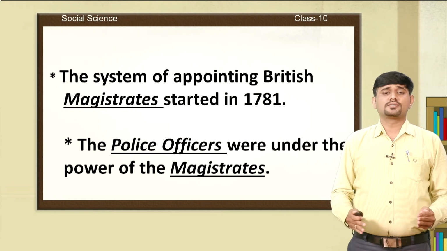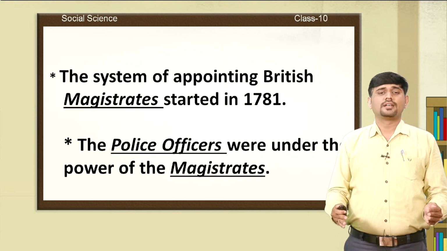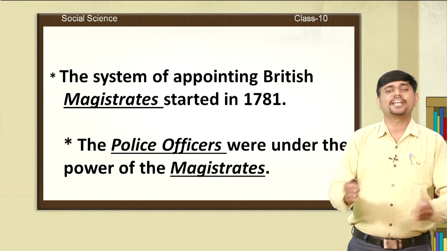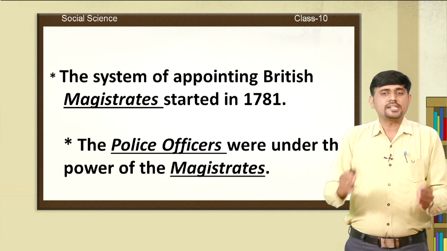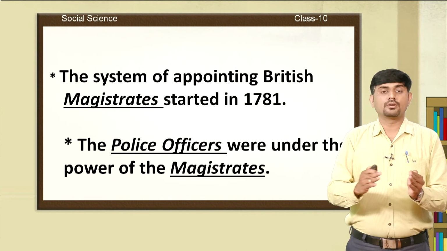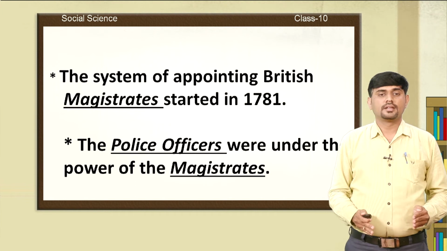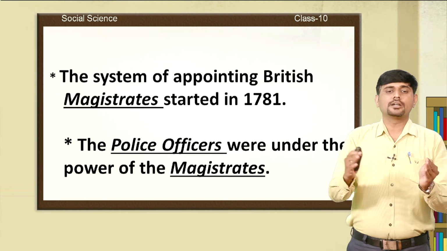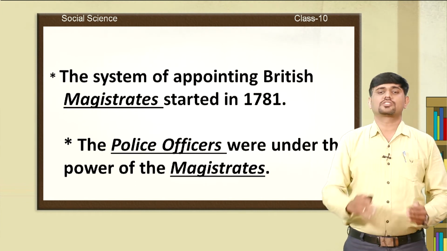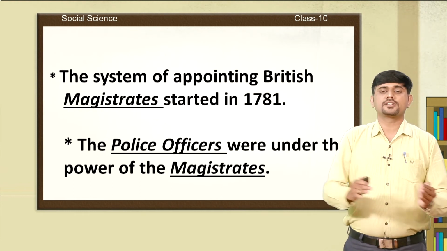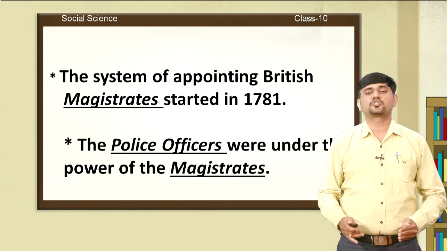My dear students, with all these developments, the system of appointing British magistrates started in 1781. To control the police in India, there was no very efficient system, but by 1781 the system of appointing British magistrates started. With this, the police officers were under the power of the magistrates.